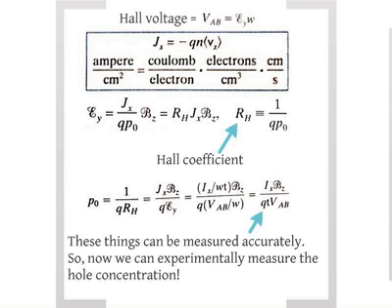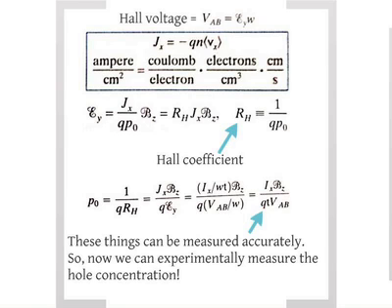Now let's think about this for a second. What are these things? Jx is a current density. It's the regular current. Easy to measure, right? You put an ammeter, you can measure it very accurately. Bz is what you apply, so you know exactly what it is. Q, of course, is just a constant. Ey is the built-in field that appears due to the Hall effect, and you can measure that.